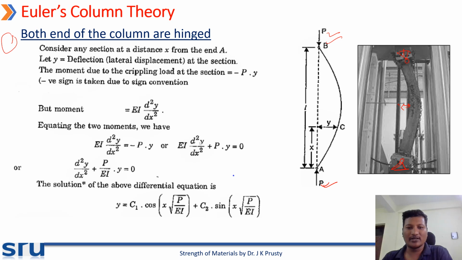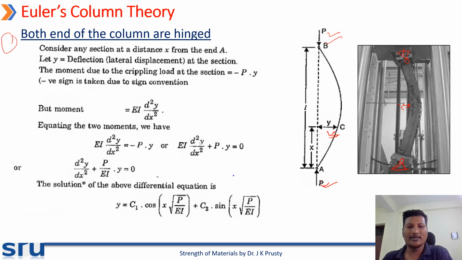Consider any section at a distance x from the end A, where the deflection is y. So at the distance x, the deflection is y. There is a lateral displacement.